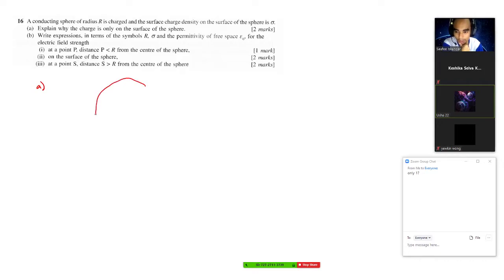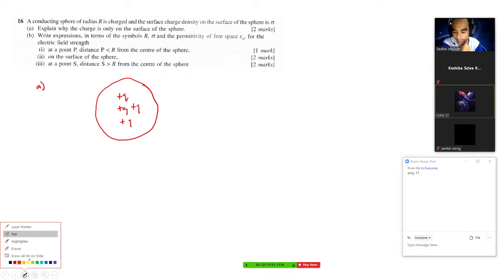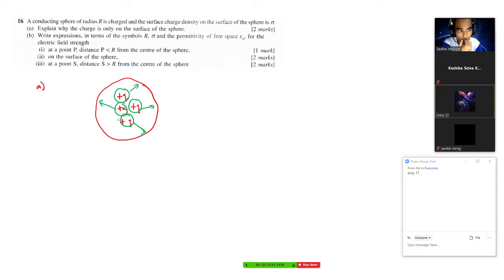Let's say we have a metal sphere, which is hollow, or we can have a solid metal sphere. If you put a positive charge at the middle, all the charges experience repulsion because they cannot be near each other. So the charges go to the furthest they can go, which is the surface of the sphere.